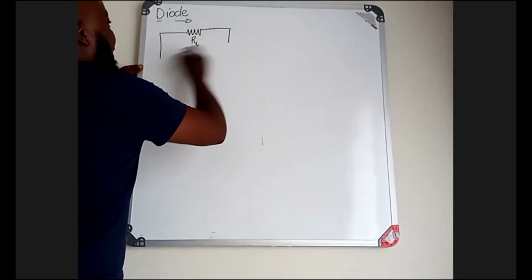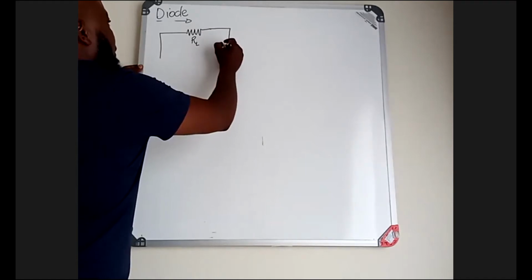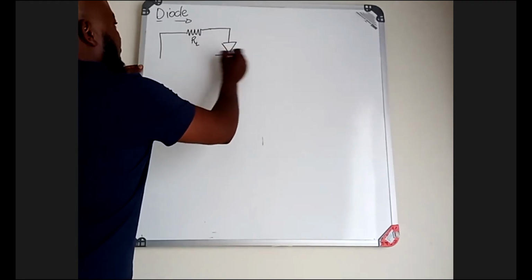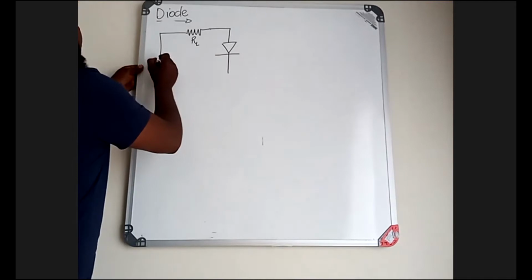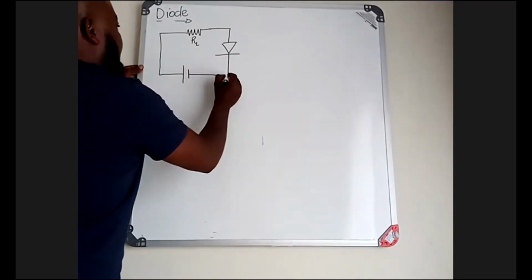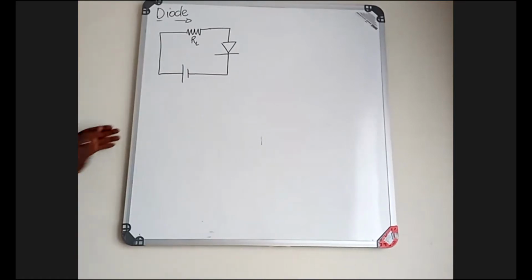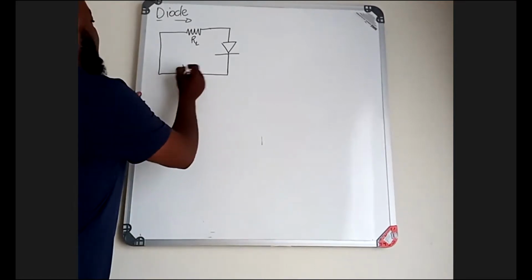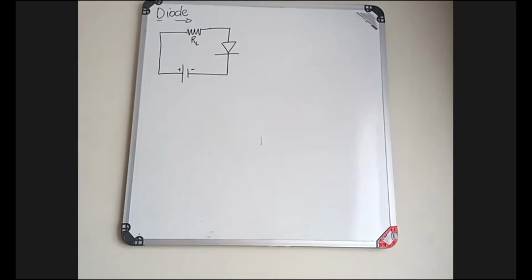Then you will have your diode, then you will have the voltage connected there. Now, as an electrical circuit, we want to see how this component responds based on the theoretical analysis of a diode.